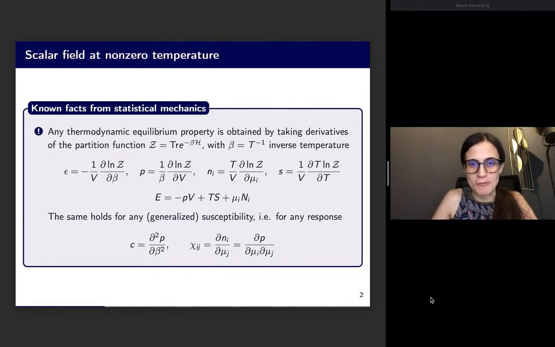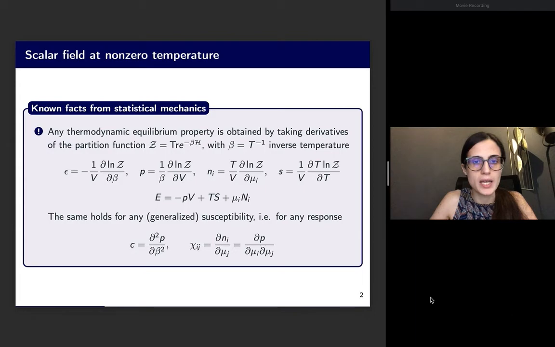with some volume factors. Please keep in mind that I'm using small letters for intensive quantities and capital letters for extensive quantities throughout the class. And then we know also how to express thermodynamic potentials, such as the internal energy, in terms of all relevant thermodynamic variables and observables.